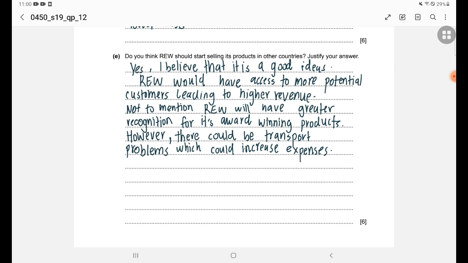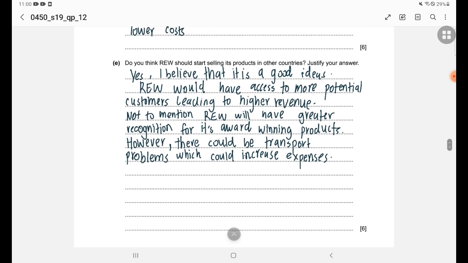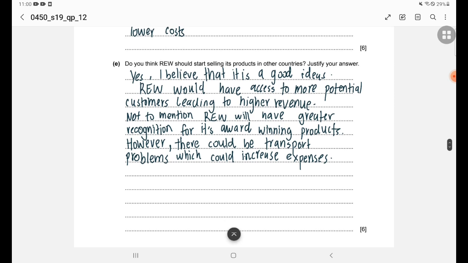So when it comes to application, sorry, not application, justification, you can also talk about things like existing competition, lack of knowledge of the new place, maybe it's harder to recruit people, stuff like that.